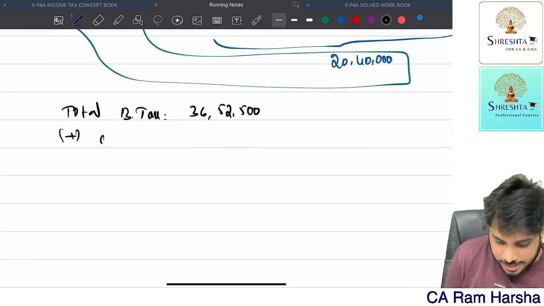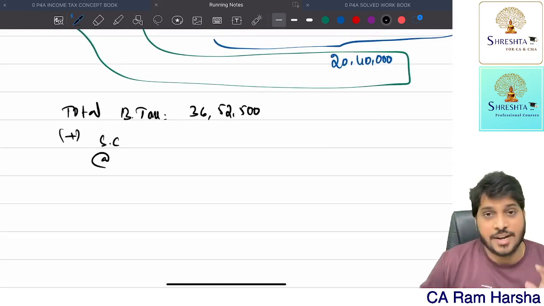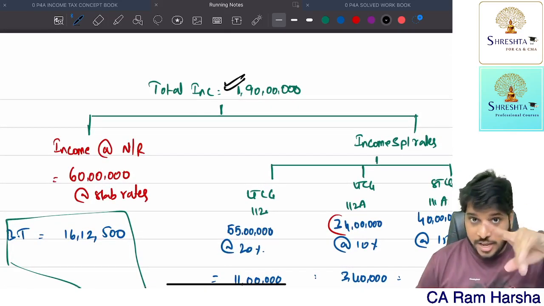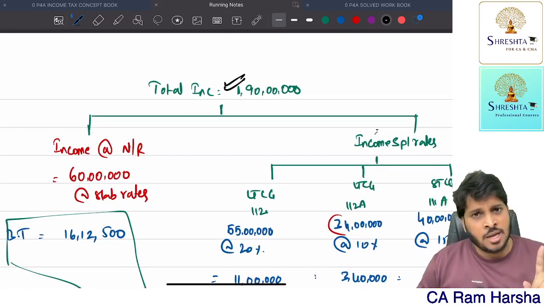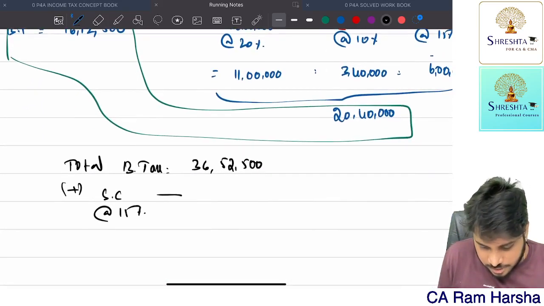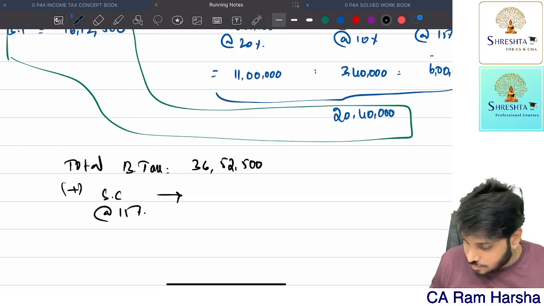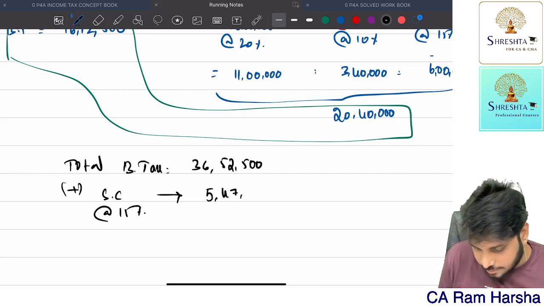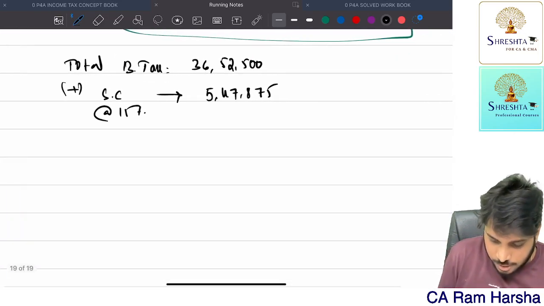Now for this, the second step is surcharge. What is the rate of surcharge? Income is exceeding 1 crore, including all these special incomes, but not exceeding 2 crore. What is the maximum surcharge rate? 15%. 36,52,500 into 15% is 5,47,875.